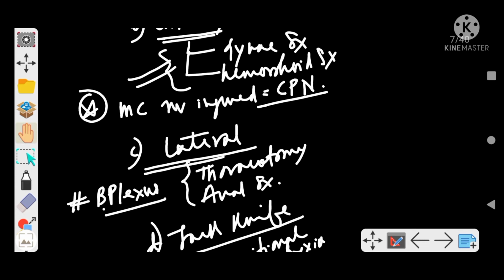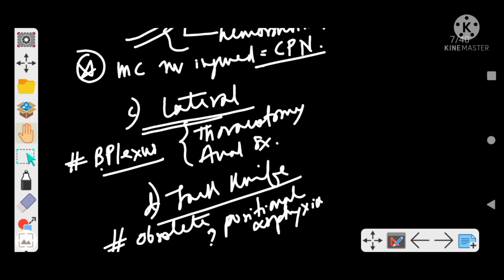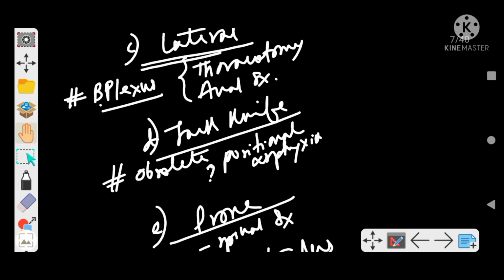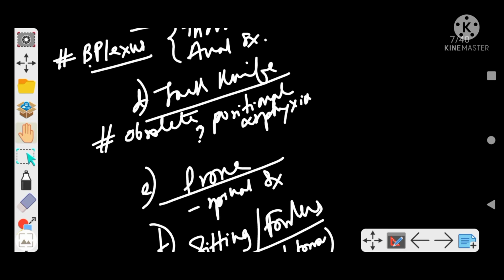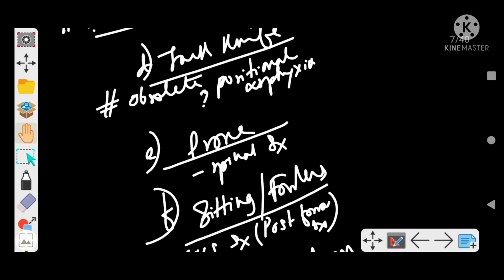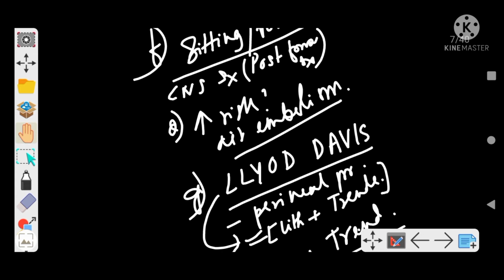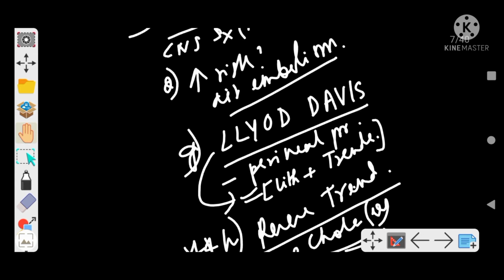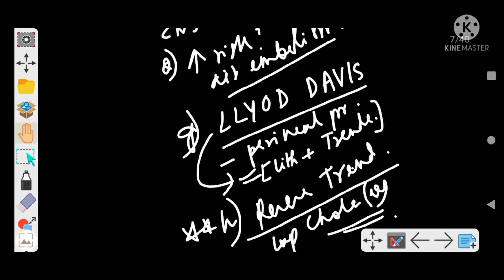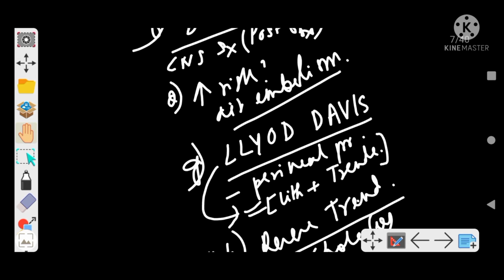Lateral position for thoracotomy and anal procedures, and here the brachial plexus is commonly injured. Jackknife is obsolete now because of positional asphyxia. Prone position for spinal surgery, sitting or Fowler's for CNS or posterior fossa surgery, but here there is increased risk for air embolism. Lloyd Davis for perineal procedures, a combination of lithotomy and Trendelenburg, we will see that, and reverse Trendelenburg position for lap chole. It has been asked, right?